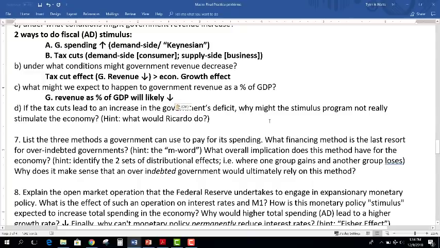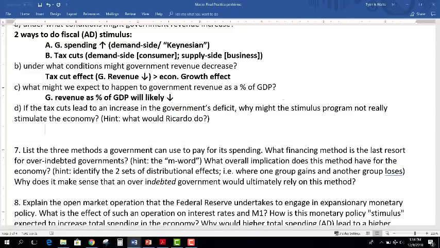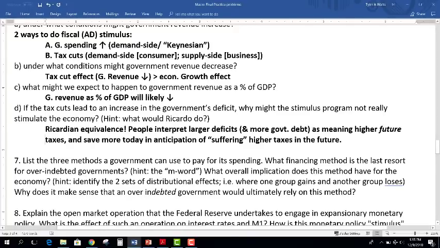If the tax cuts lead to an increase in the government's deficit, why might the stimulus program not really stimulate the economy? What would Ricardo do? David Ricardo, not Ricky. Well, remember from the homework, Ricardian equivalence. So I'm going to say here, people in the Ricardian scheme interpret larger deficits and more government debt as meaning higher future taxes, and therefore save more today in anticipation of suffering higher taxes in the future.